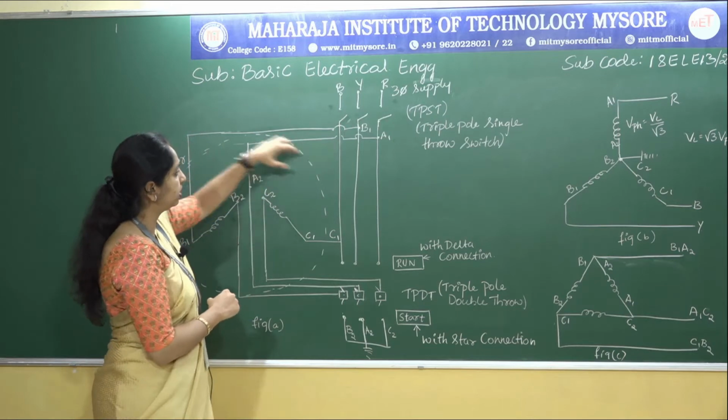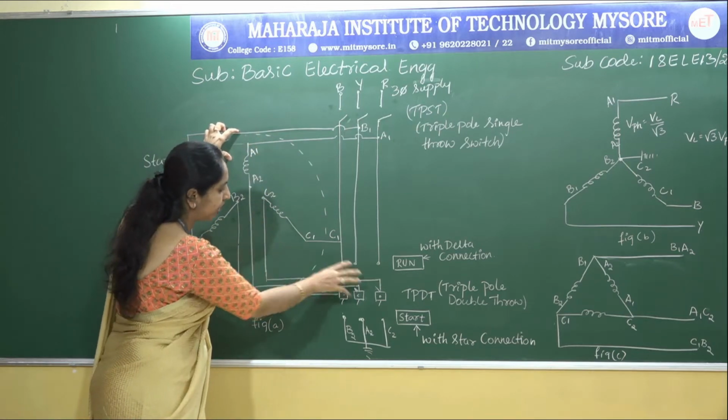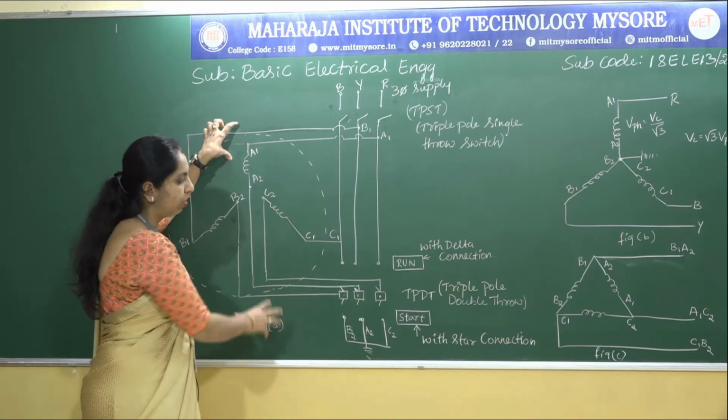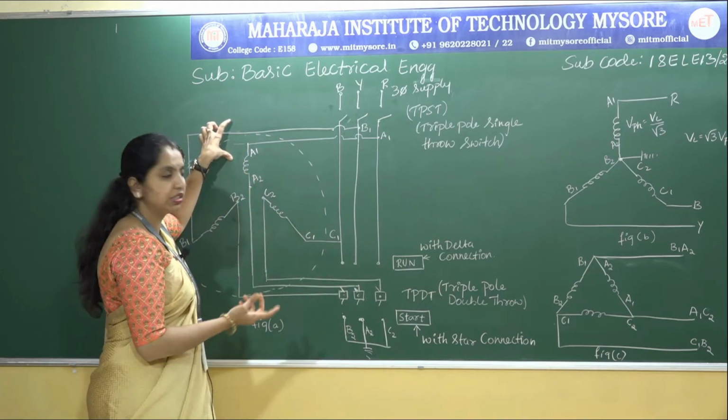When the supply is given to one end of the stator winding and the other end is given to the ground point, how does it look? It looks like a star circuit, or it is star connected.